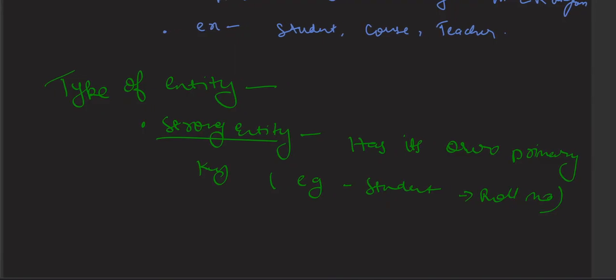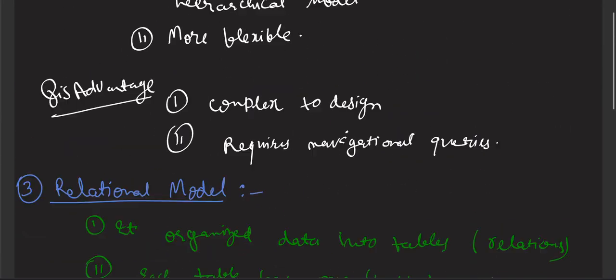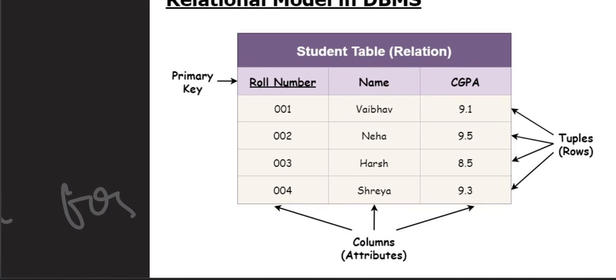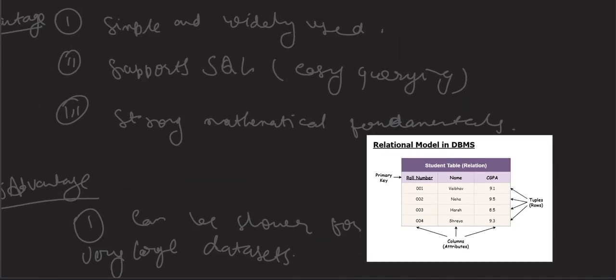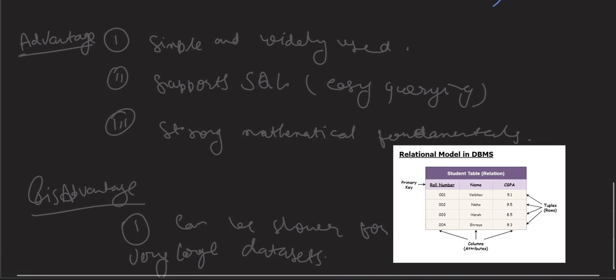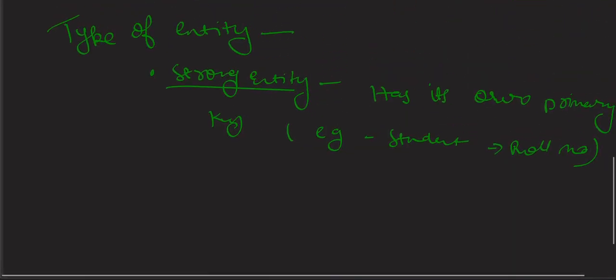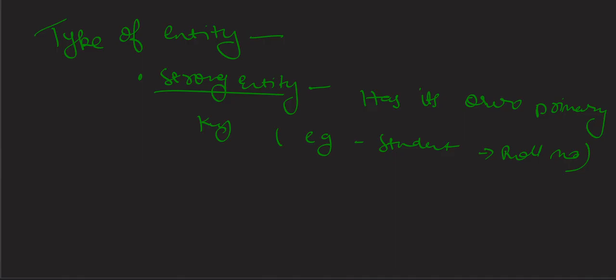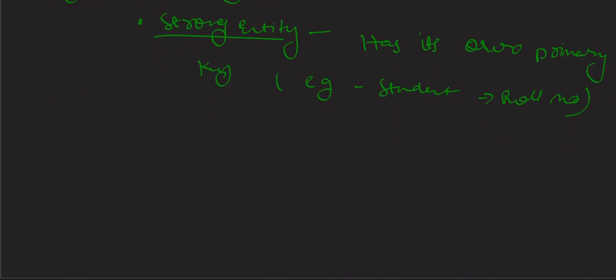So in the previous video, I have shown you in the previous image, roll number is unique for all the students. It can't be repeated. If one roll number is assigned to Vaibhav, then one can't assign it to Neha, or to Harsh or Shreya. So a strong entity is one which has its own primary key, and weak entities are also there.